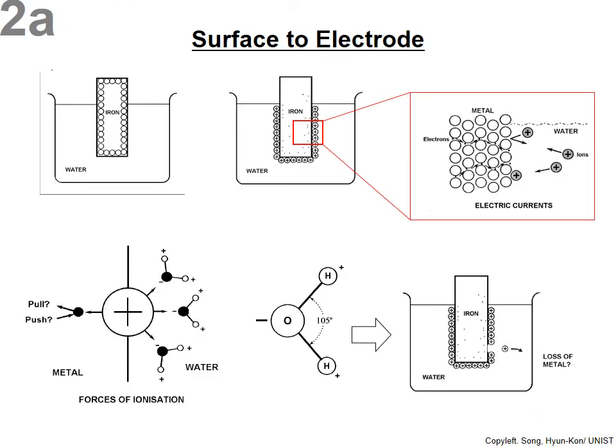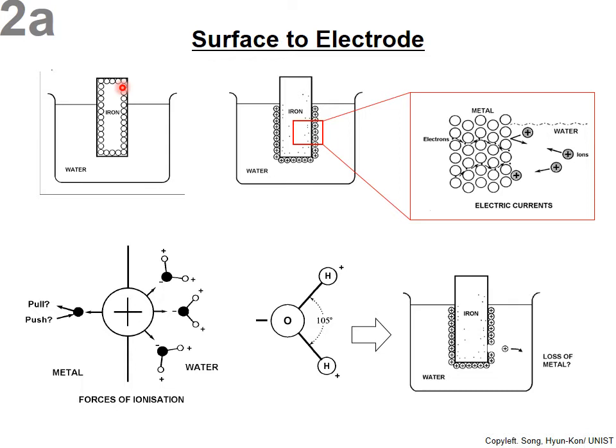Let me get back to the experiment. Here, still, we have an iron bar in the water. In the previous slide, I tried to depict some surface atoms of an iron bar as circles. And then I explained the structure of each atom.